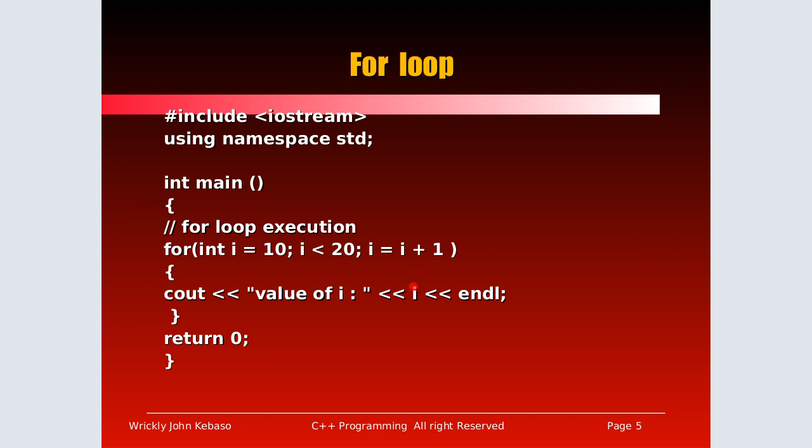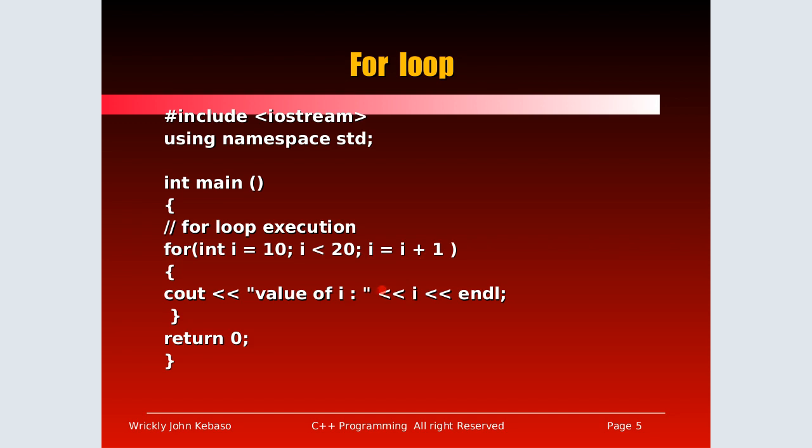It comes here and gets displayed. After displaying 11, it is taken into the condition checking. Is 11 less than 20? Yes. So 11 equals 11 plus 1, it will be 12. It will be displayed again.